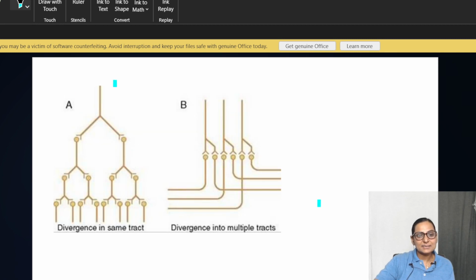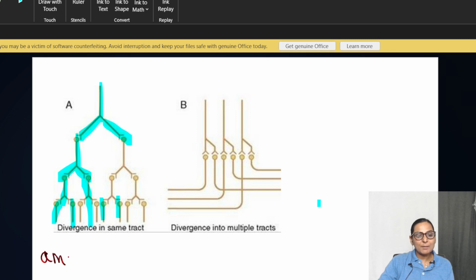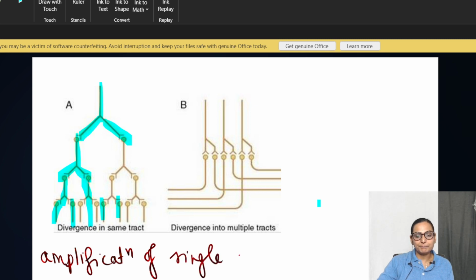So what is this? This is one source. One source is converted into a number of sources. So basically what you are doing over here is bringing about amplification of a single impulse.